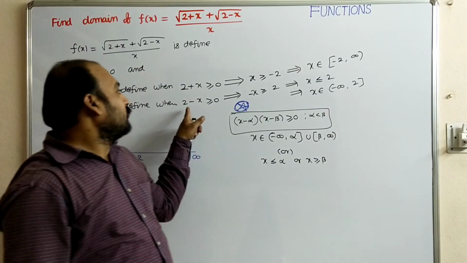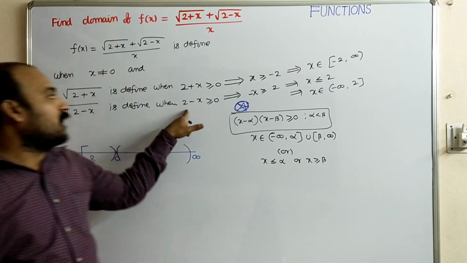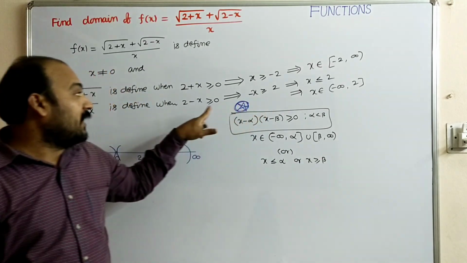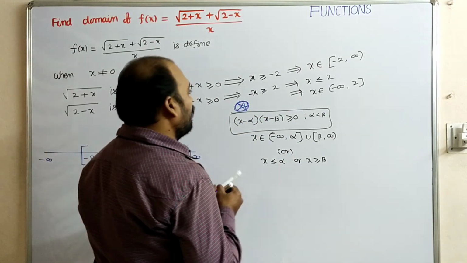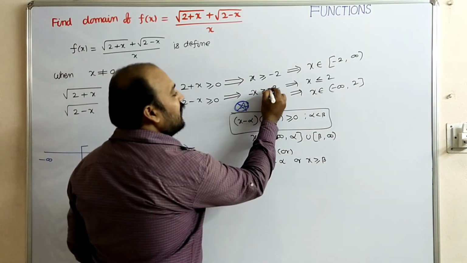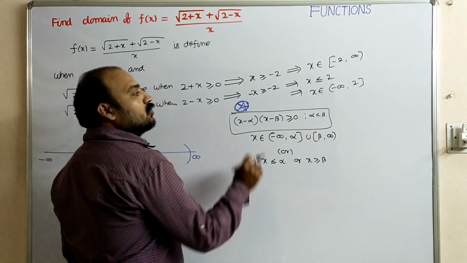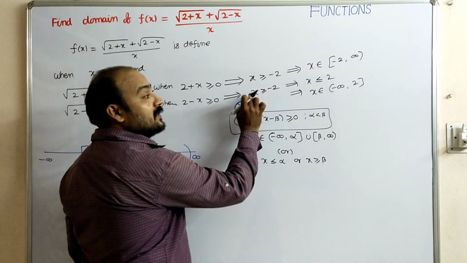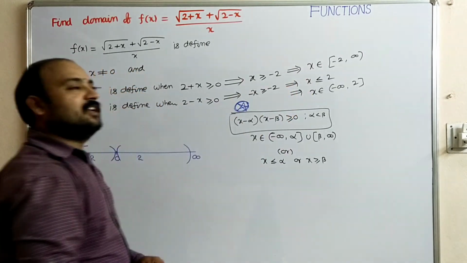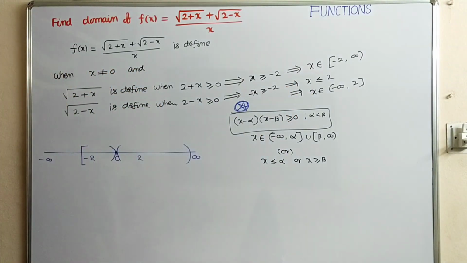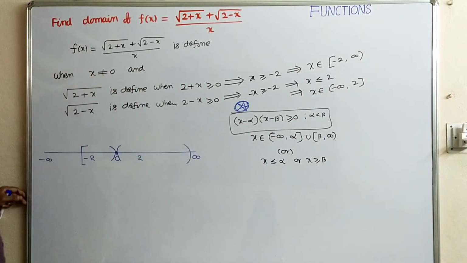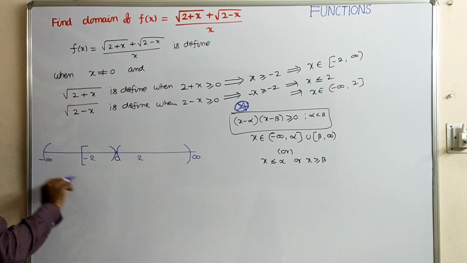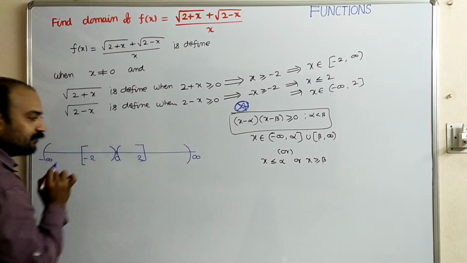And come to square root of 2 minus x is defined when 2 minus x is greater than or equal to 0. Minus x is greater than or equal to minus 2. We can take this side now minus. Whenever we cancel the minus symbol, the inequality will change. X is less than or equal to 2. So now x belongs to open interval of minus infinity to closed 2.